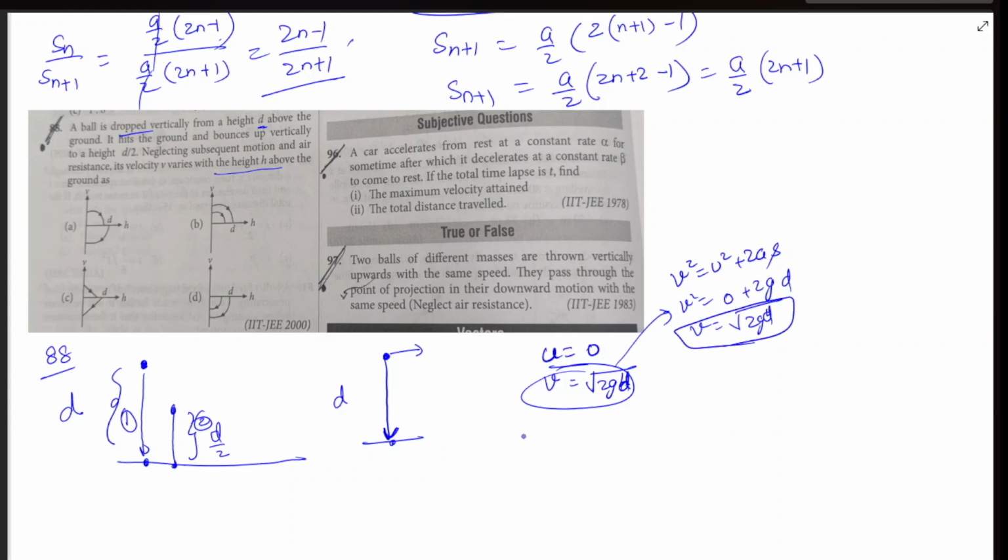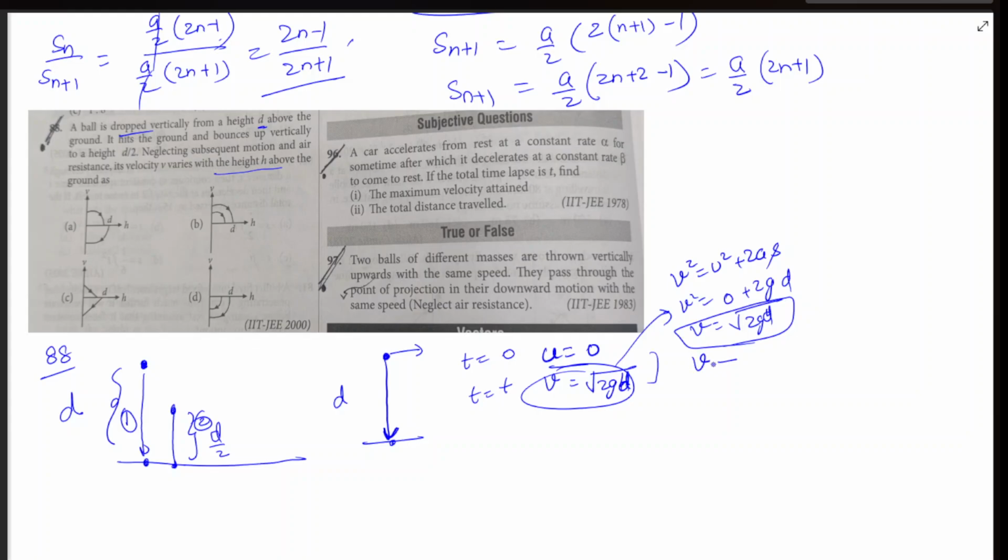Now this is at t equals 0, and this is at some time t equals t. The speed is increasing from 0 to root 2gd, but it is in the negative direction.